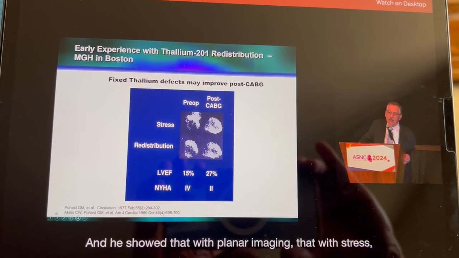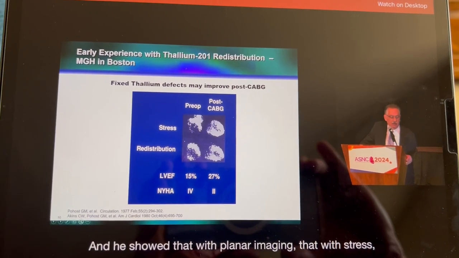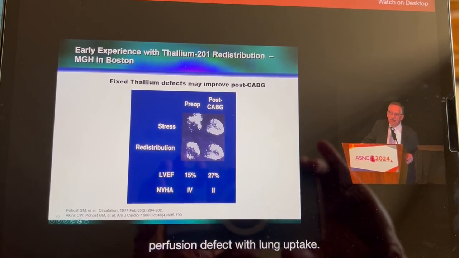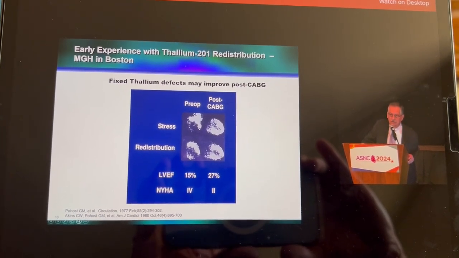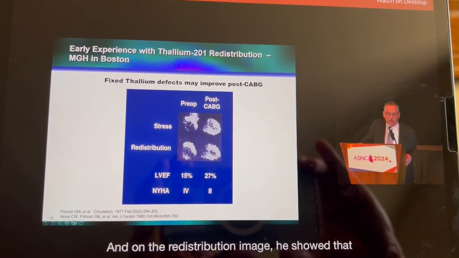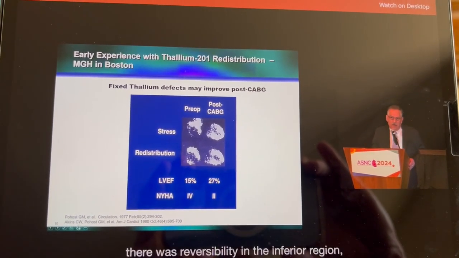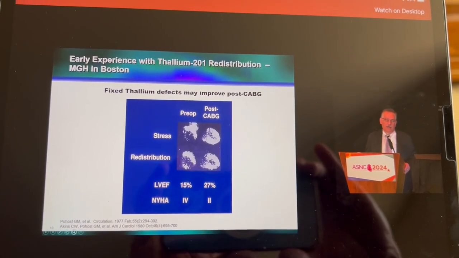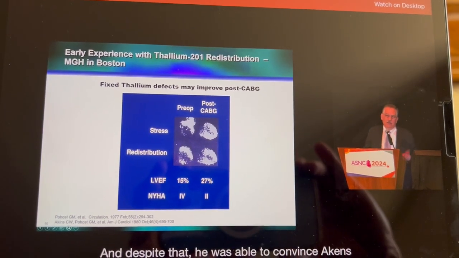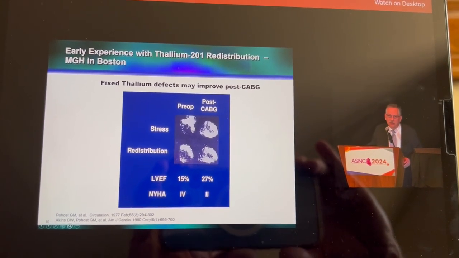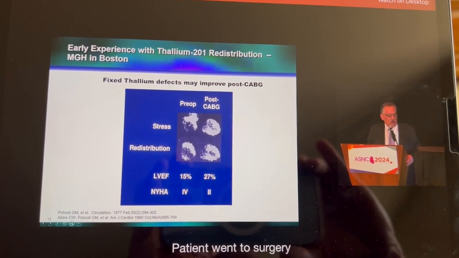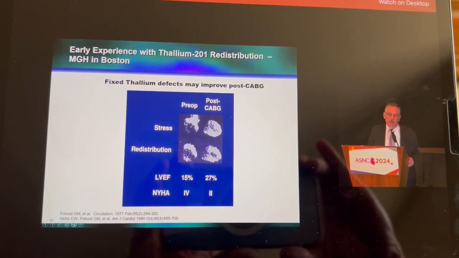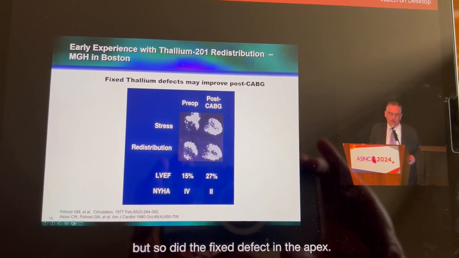He showed with planar imaging that with stress, you can see a severe inferior infra-apical perfusion defect with lung uptake. On the redistribution image, there was reversibility in the inferior region, but a fixed defect at the apex. Despite that, he was able to convince Akins to take this patient to surgery. The patient went to surgery, and post-CABG, you can see that not only the reversible defect improved, but so did the fixed defect in the apex.